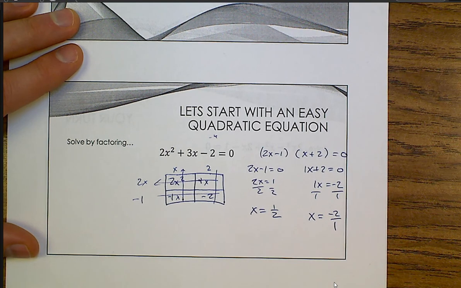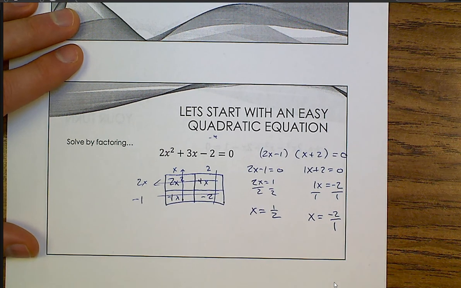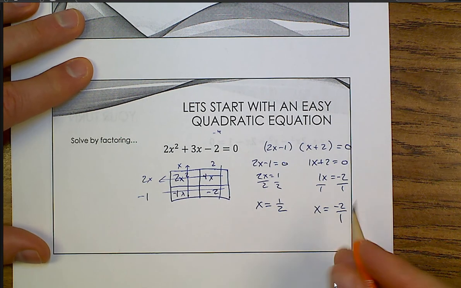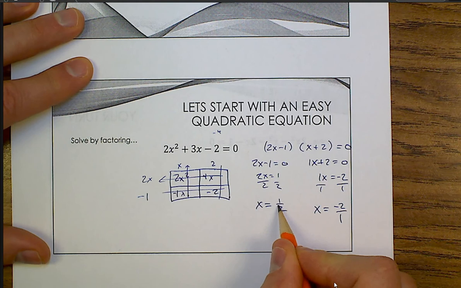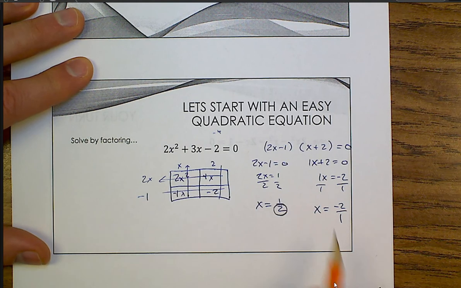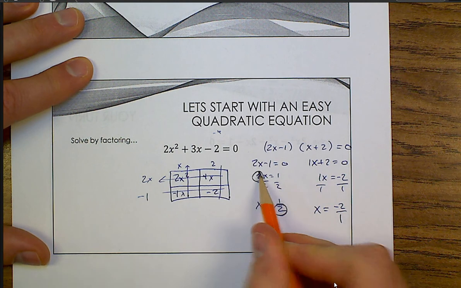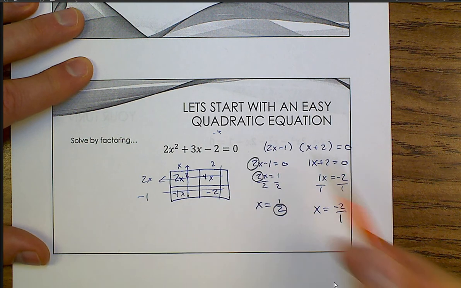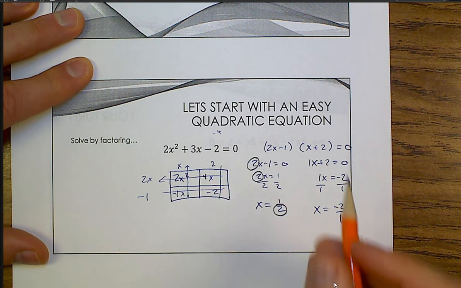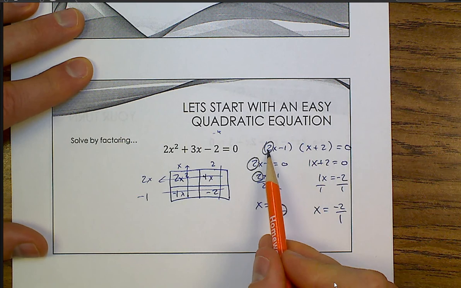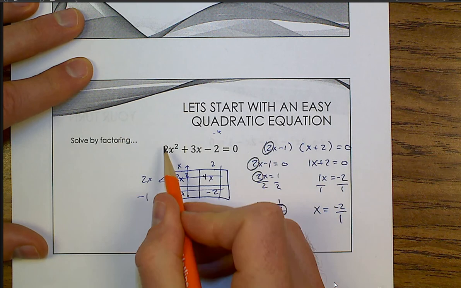They found some patterns. A lot of math is pattern recognition, and here's one of the patterns they figured out. I want to focus on the denominator of our solutions. I'm going to circle it with a pencil. This 2 came from this 2 right here, which came from this 2 right here, and this 2 is a factor of our leading coefficient.